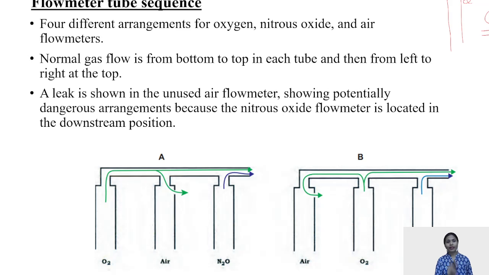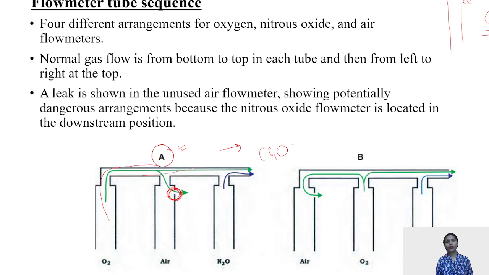I'll give you just one example. Let's see the A1. In the air, the nitrous oxide is downstream. This is the common gas outlet. Likewise, you can see there is a leak in this flow meter. So whatever oxygen is going, it is now going to take two parts.